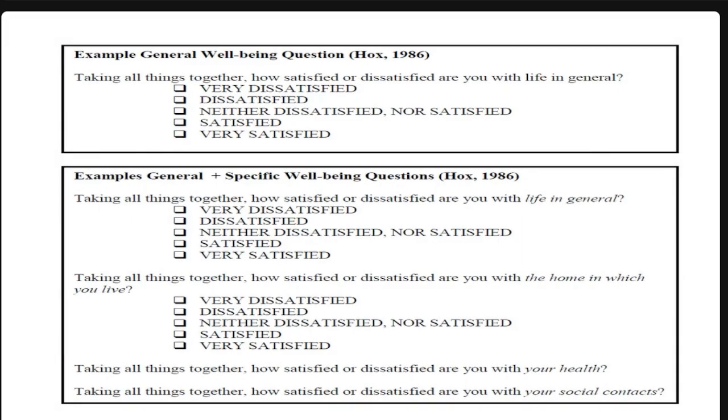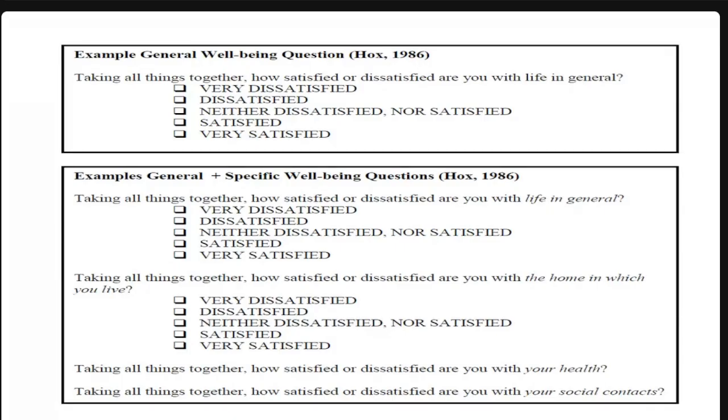Suppose you are interested in understanding the well-being of individuals in a village who have been resettled and rehabilitated, and therefore are in a new environment, and you are asking them about their well-being. If well-being is just one aspect of your research, you can keep only one question: how satisfied or dissatisfied are you with your life in general, in a new settlement?